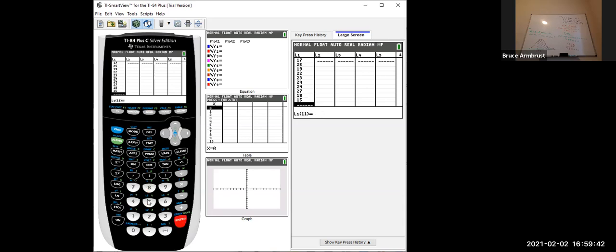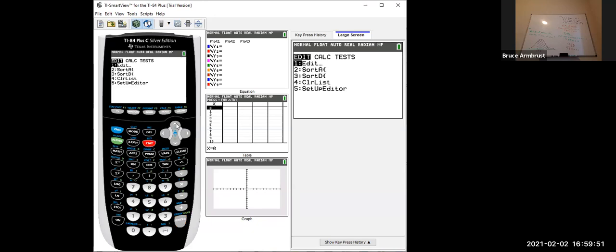Okay, so I just put a whole bunch of stuff in there, list 1. Let me show you how we could actually do the one variable statistics. So I'm going to go stat. I'm going to arrow over to calc. I want one variable statistics, so I can hit 1 or enter either way.